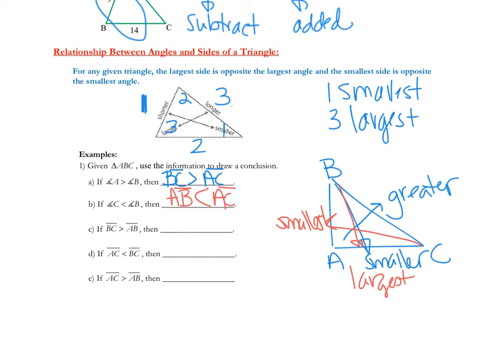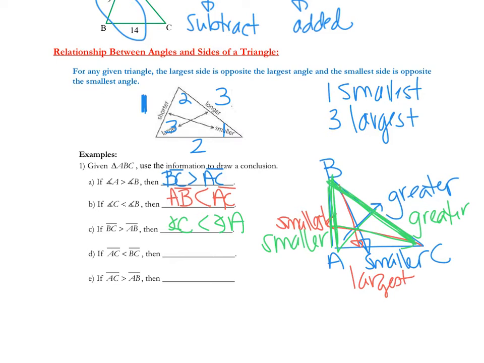All right, now what if side BC is greater than side AB? So side BC is greater than side AB, smaller. Then that means that the angle opposite the smallest side is going to be less than the angle opposite the largest side.